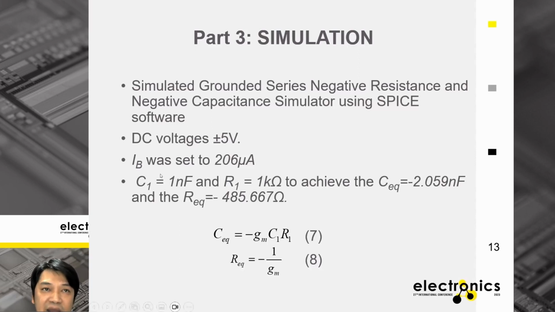The bias current IB was set to 206 microamps. To obtain the minus 2.06 nanofarad equivalent negative capacitance from equation number 7, and the minus 485.67 ohm equivalent negative resistance from equation 8, we need to set C1 to 1 nanofarad and R2 to 1 kilo ohm.